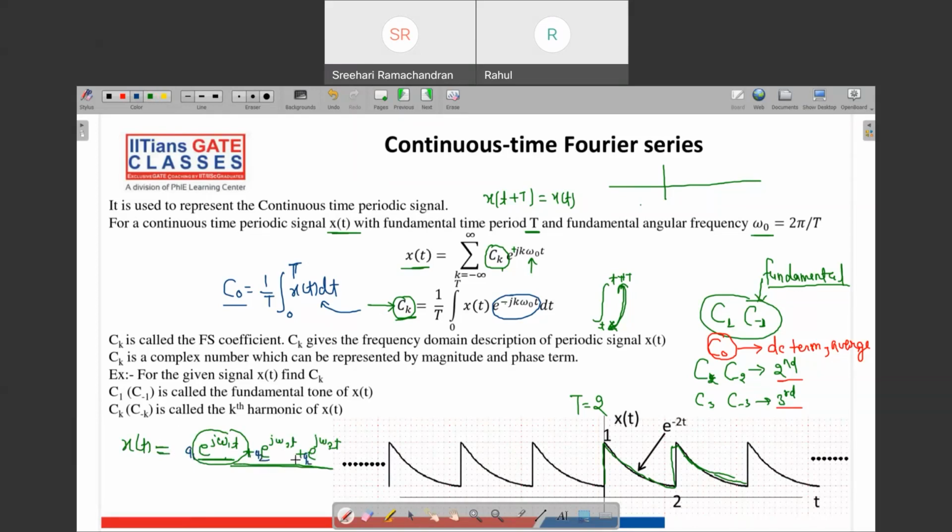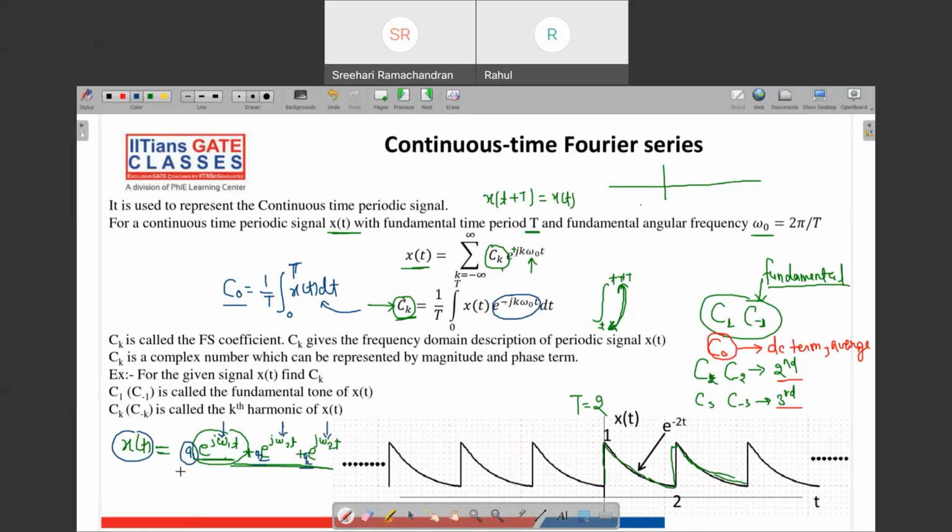When you add all this, you get x of t. The term e to the power j omega 1 t tells us we have content of the signal at omega 1 frequency, and its strength is a1. We have a signal at omega 2, strength a2, and at omega 3, strength a3, and so on.